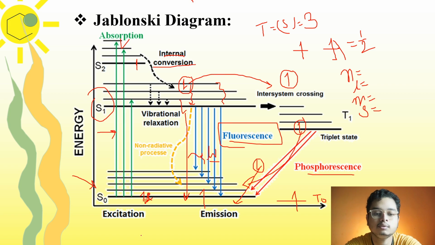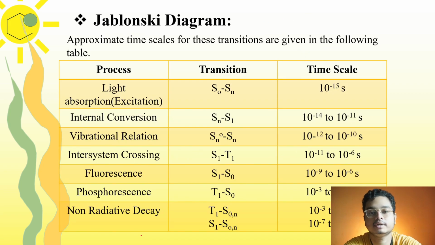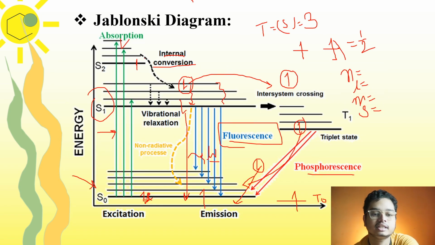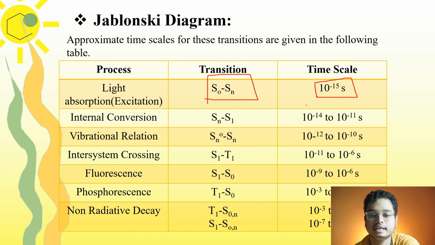And now we are talking about some approximate time scales for these transitions. The light absorption transition, that is the S0 to Sn transition, takes 10 to the power minus 15 seconds. Internal conversion is the relaxation from a higher S state to the S1 state, and it takes 10 to the power minus 14 to 10 to the power minus 11 seconds.